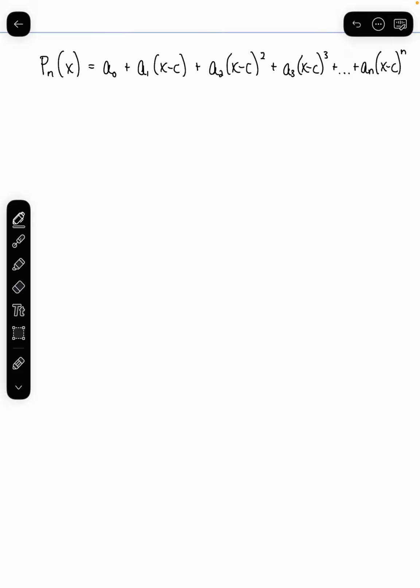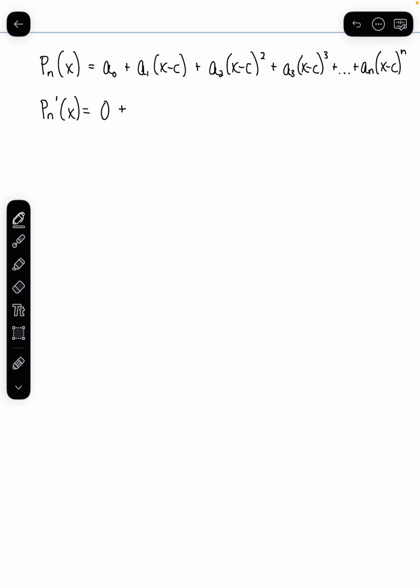The idea of this, of course, is that we are also supposed to match derivatives. So if we do that, the derivative of this, p sub n prime of x, well, the derivative of the constant a sub 0 is 0. The second term is linear. Now, it is technically a composition.